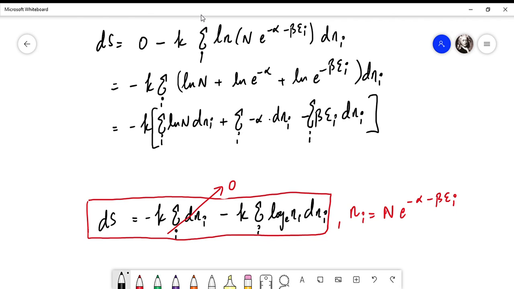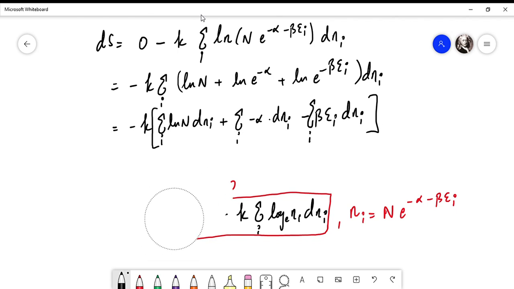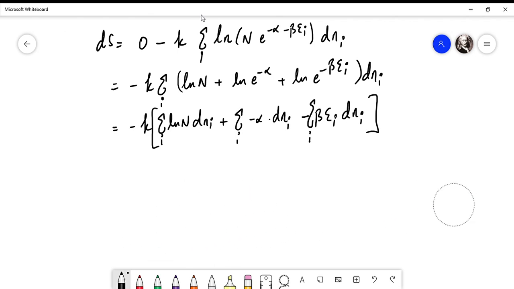I've missed out the summation. So this is basically the simplification of that. Now let me erase this one here, and let us continue.